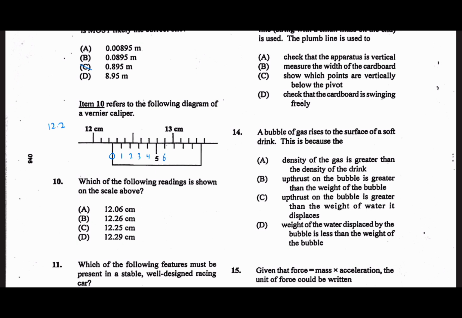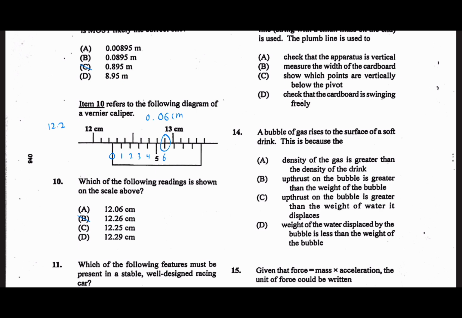You notice that at this point, the vernier scale aligns with the main scale, and that's the reading you want to take. This reading corresponds to 0.06 centimeters. If I combine the 12.2 and the 0.06 centimeters, I get 12.26 centimeters. And that's my answer. That's how you read a vernier caliper.